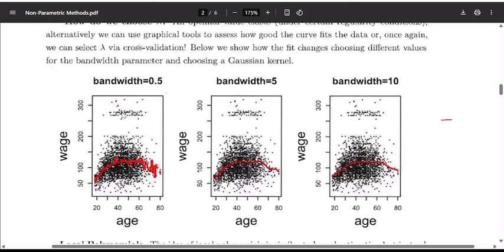When it is small, what happens? When the bandwidth is very small, you only consider 50%. I told you lambda represents how much the neighboring data influence the estimate of wage given the age.